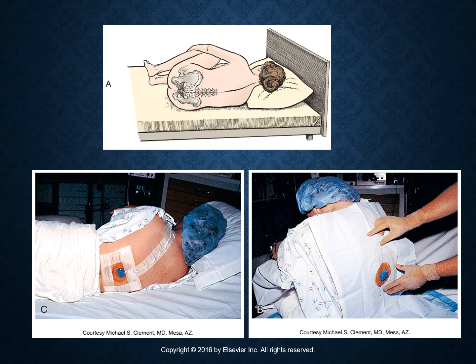And then they numb up the back with local anesthetic, usually a lidocaine. And then they put the bigger needle in and puncture the epidural space. And then they use a syringe and keep pushing on the syringe until there's no resistance. And that's how they know they're in the epidural space. They do something called a test dose, where they give the patient a little bit of medication through there.